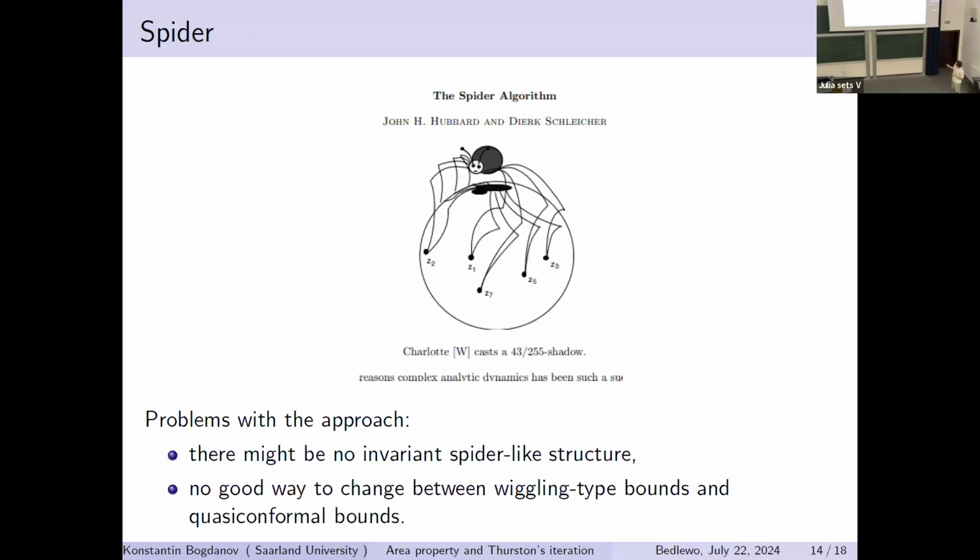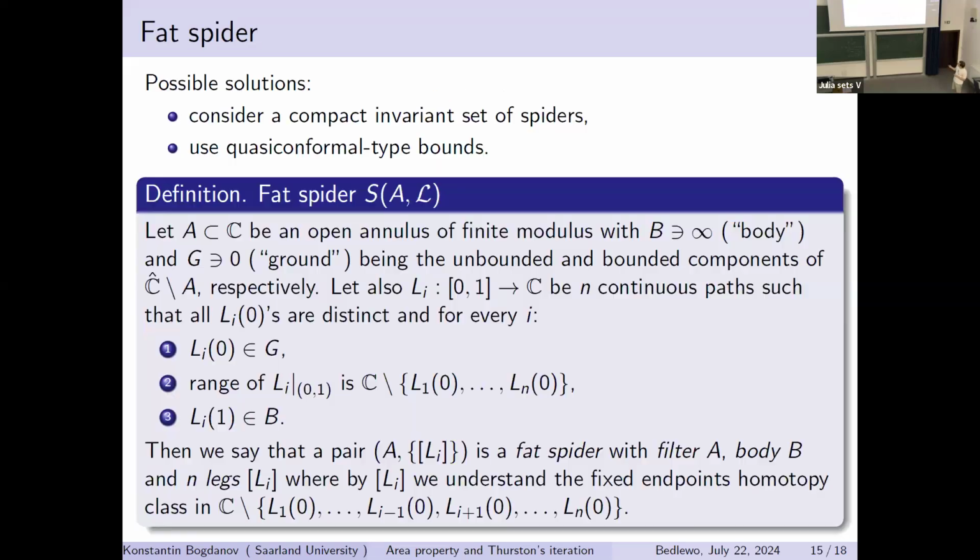We no longer have the body just as the point at infinity. Instead, the body has to be a big disk around infinity. And the legs are just joining the body to the feet, which necessarily lie outside of the body.